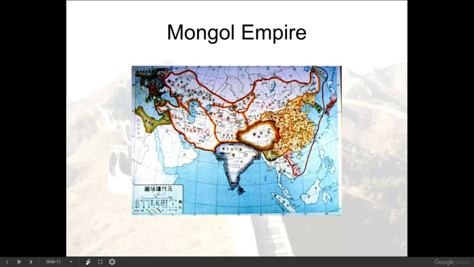So in the 1800s, European powers and the United States both wanted trade with China, but in order to do so, they also wanted to dominate it.